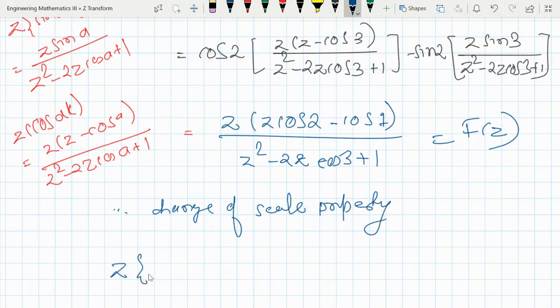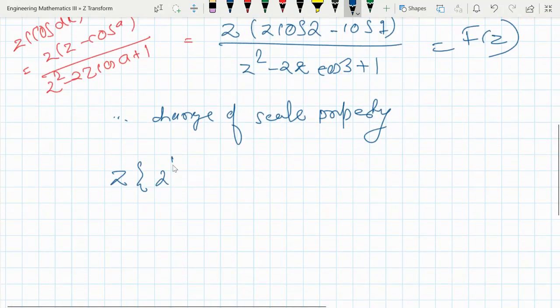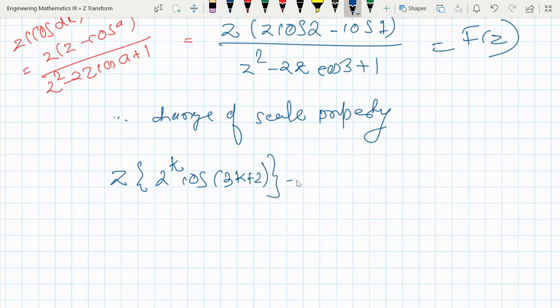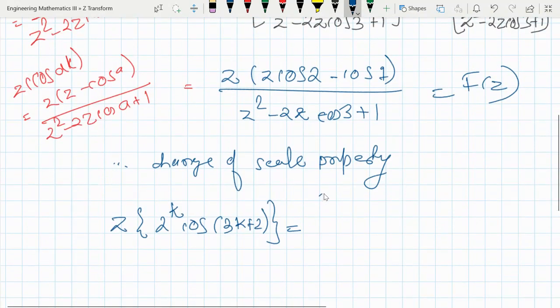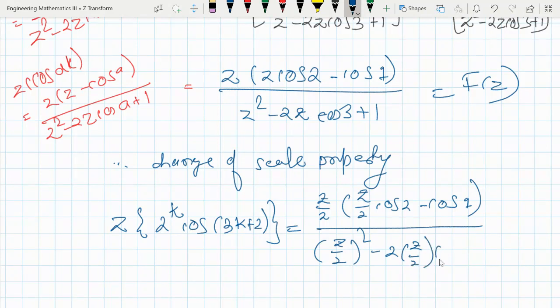Z transform of 2 raised to k into cos of 3k plus 2 is simply what? Replace z by z upon a. A is nothing but 2. So z upon 2 in bracket, z upon 2 into cos of 2 minus cos of 1, bracket complete, divided by z upon 2 square minus 2 into z upon 2 into cos of 3 plus 1.